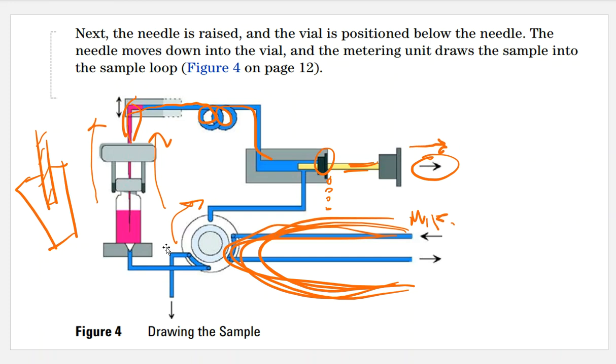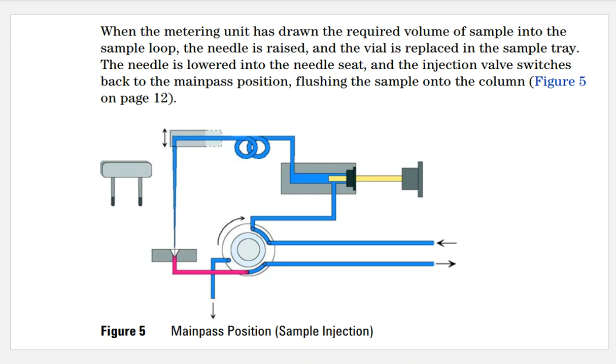And now the mobile phase can make its way in, and now the mobile phase can go through the motions of actually getting your sample and carrying it on through. So what you're going to see in this image is that mobile phase is now going to go in. We have a main pass position that has now underwent in the injection valve. So it is connecting port number 1 to, guess what, port number 2. That makes numerical sense.